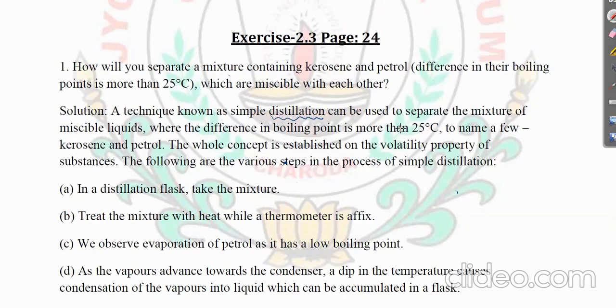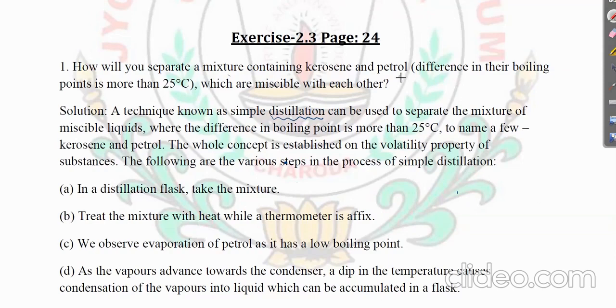start heating? The boiling point of which substance will be reached first? I think petrol. Petrol is more volatile in comparison to kerosene, so naturally the boiling point of kerosene will be higher than that of petrol. So at lower temperature, the boiling point of petrol will be reached, and the petrol will start to form vapors.